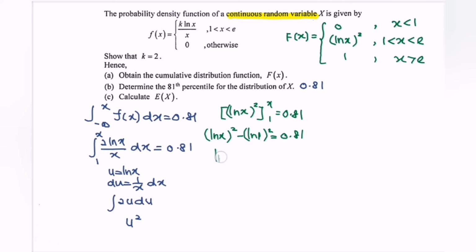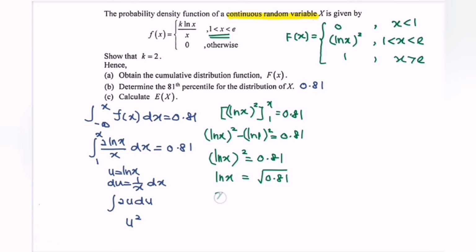Continue, where we have (ln x) squared equals to 0.81. So next we have ln x, which is equals to square root of 0.81. So here we have plus minus. So we will have to ignore the negative because we can see in here our domain is in between 1 and e. So it is impossible for less than 1.